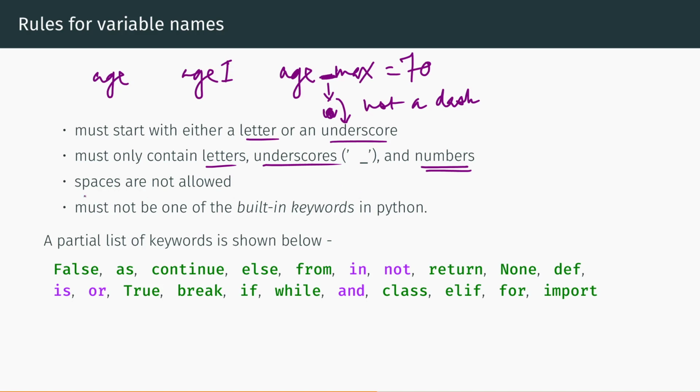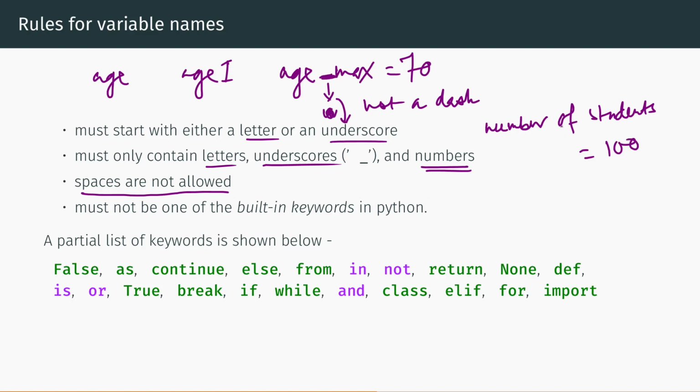Spaces are not allowed. Your variable names can be any number of characters, so you can have variable names that are very descriptive. Let's say you want to say number of students equals 100.